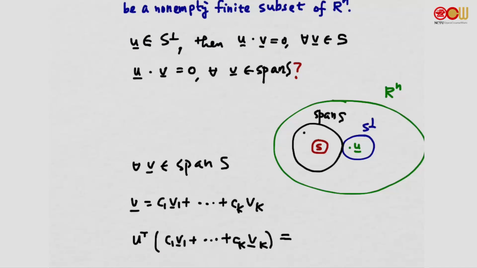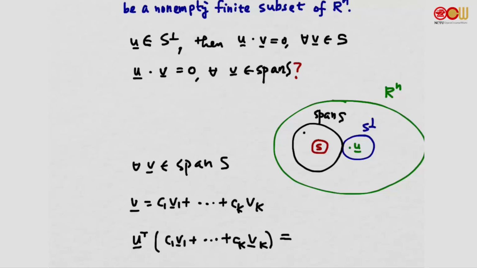Now let's consider the dot product of u and v. If we perform that product, we get u transpose v1 and u transpose v2 and so on and so forth. But what is u transpose v1? v1 is a vector in S, and u is a vector in S perp.